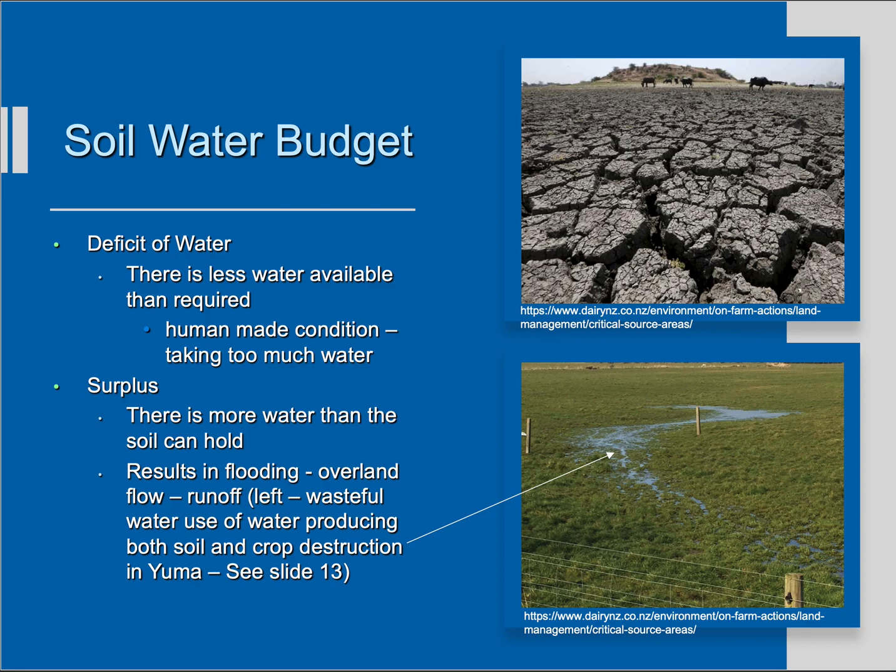With soil water budgets, we calculate, or the agronomist and the farmer calculates, a deficit of water when there is not enough water available that is required by the plants. Now, this is a human condition and this is an agricultural calculation. Nature doesn't have water deficits.